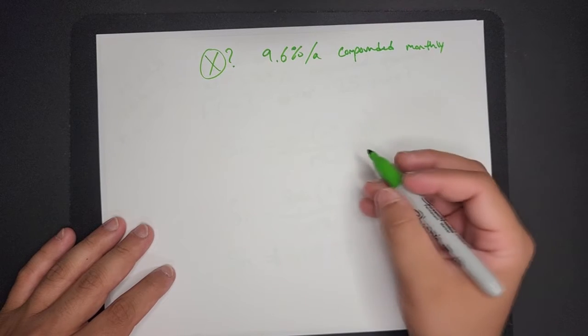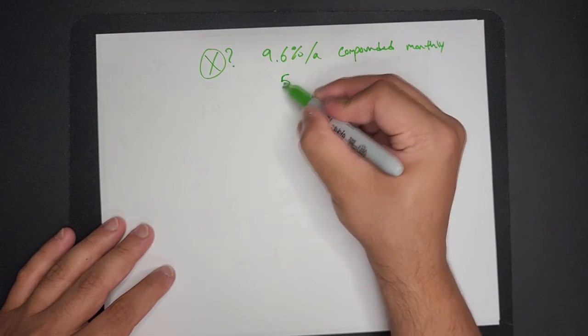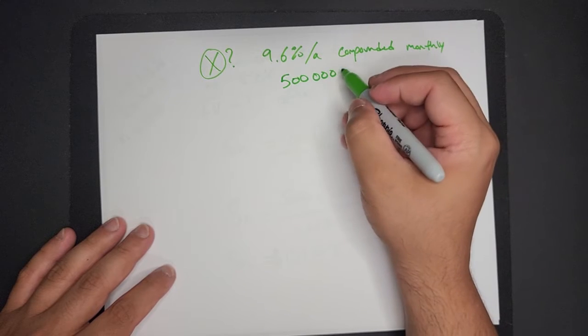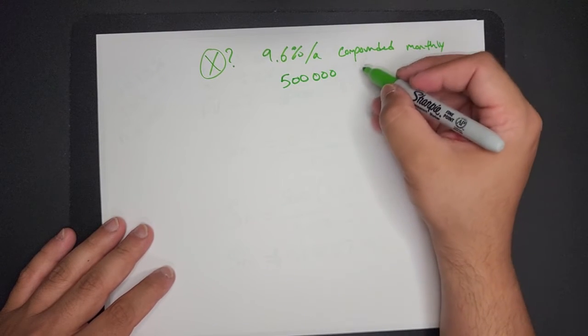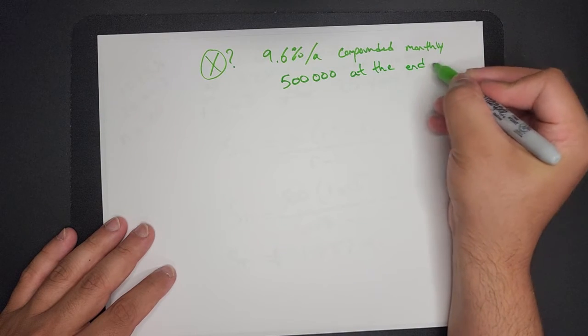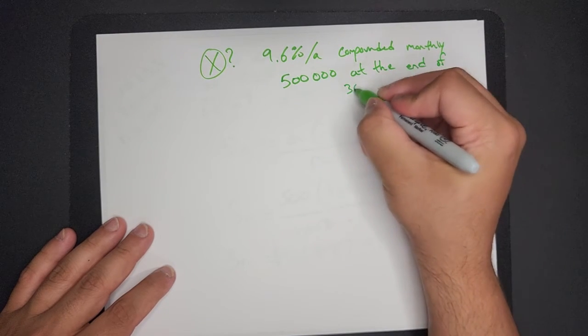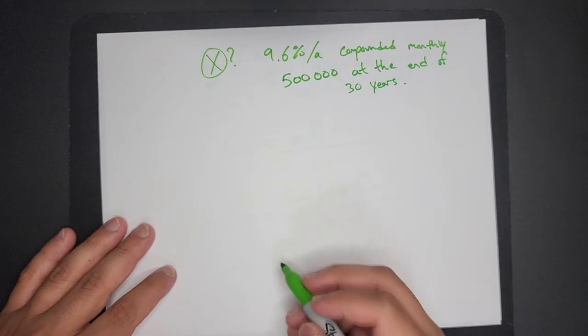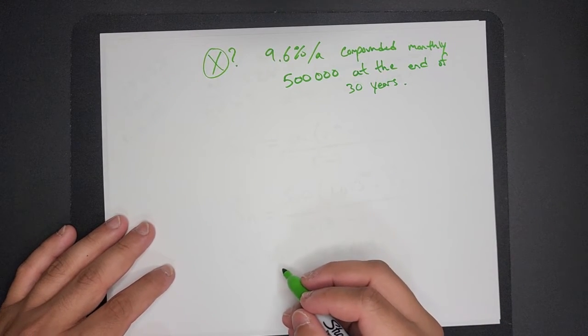But in the future, I want to have $500,000 at the end of 30 years. So how much do I need in my investment?